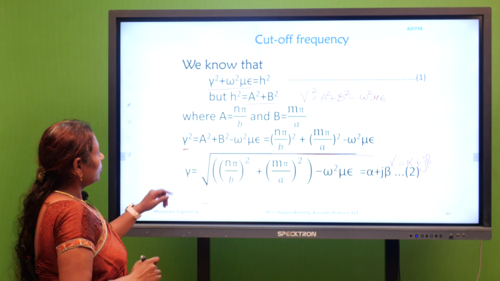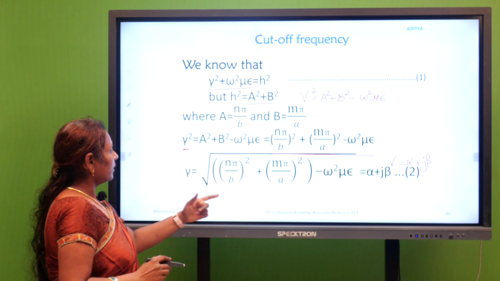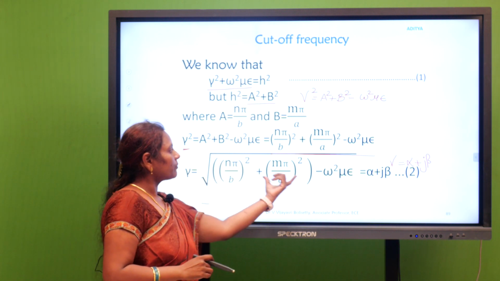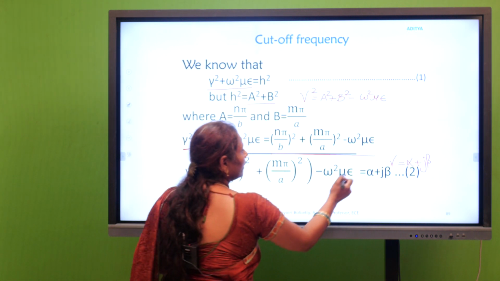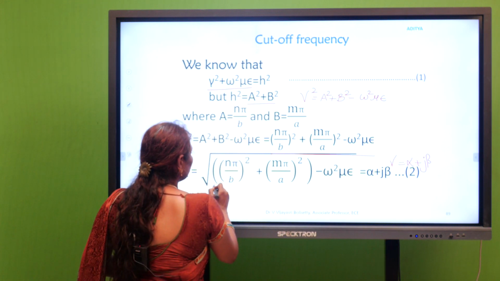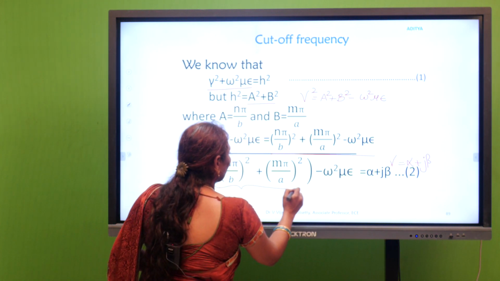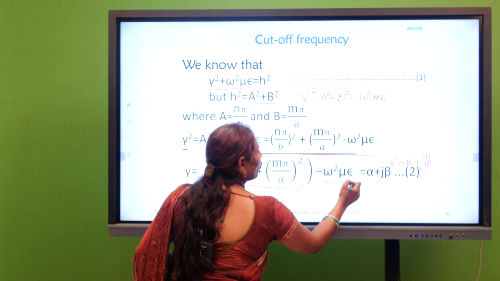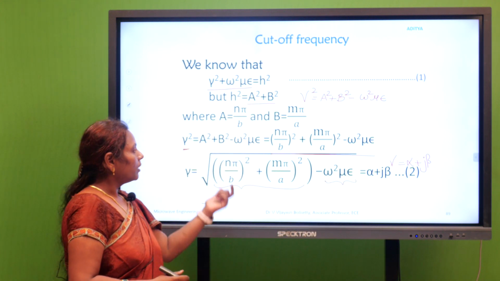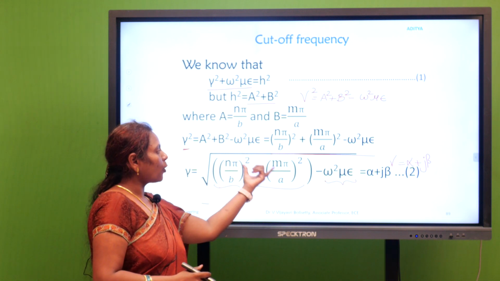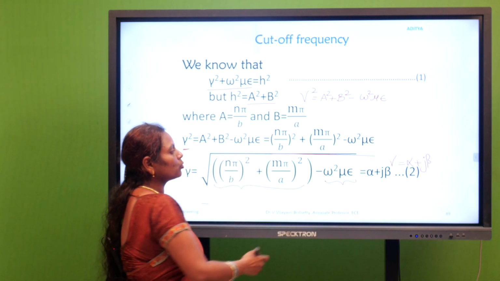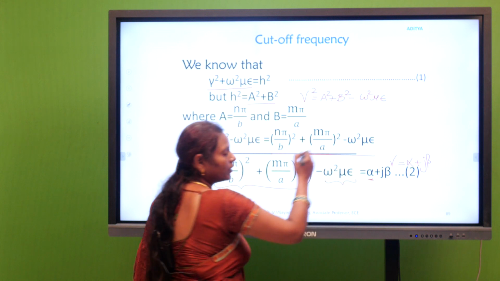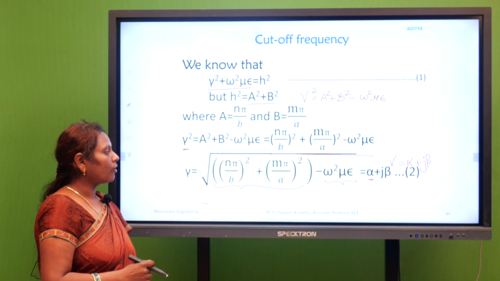Okay. So this gamma is some root value. If this (n pi by b) whole square plus (m pi by a) whole square is greater than omega square mu epsilon, it is going to result in a positive value under the root, and so results in the attenuation constant alpha.